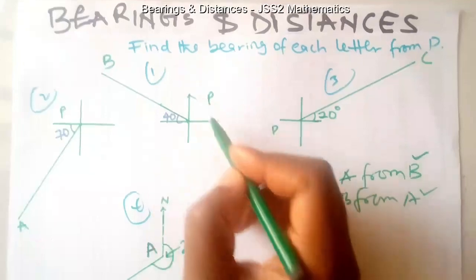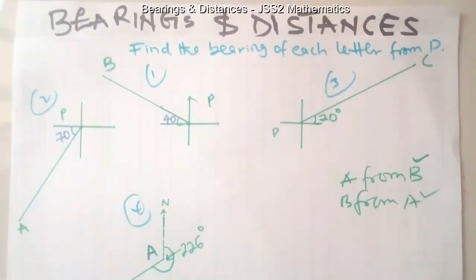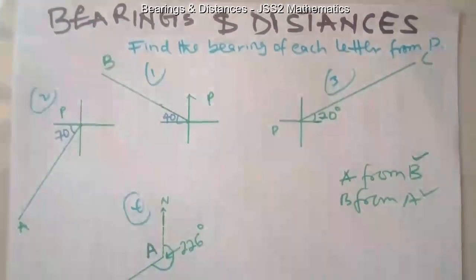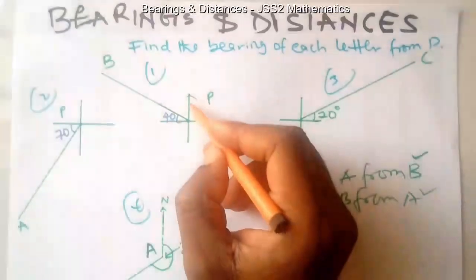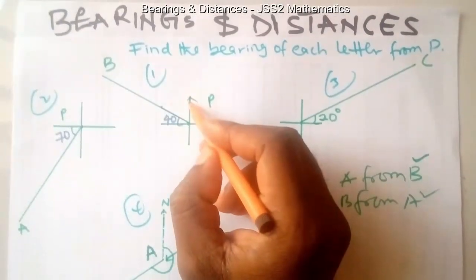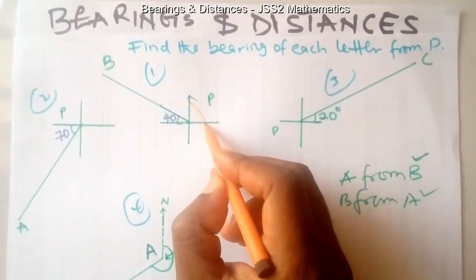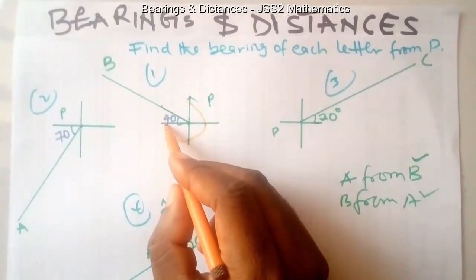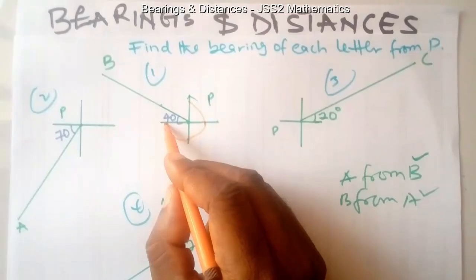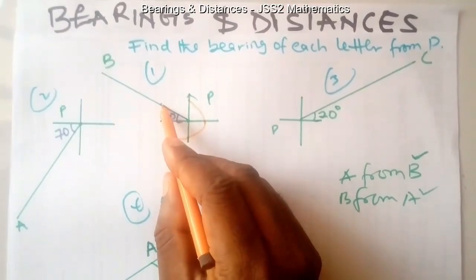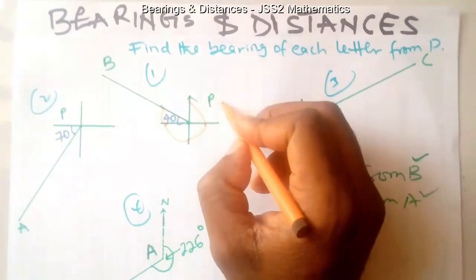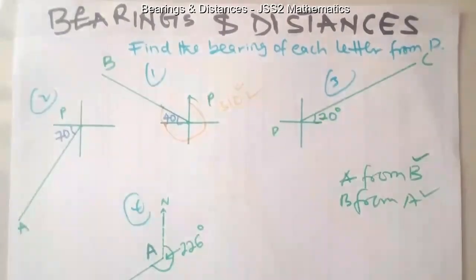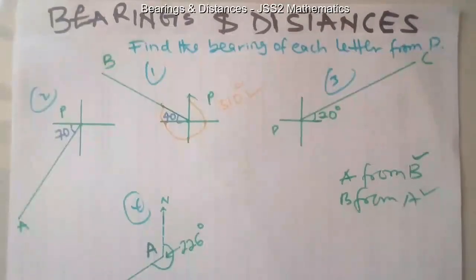You go to the starting point and take your bearing in clockwise direction. Okay, so let me take the bearing. This is the north, that is 90, 90, 180, 90, 270 plus 40, that is 310. So the bearing here is 310 degrees. I hope this is clear, from the north.